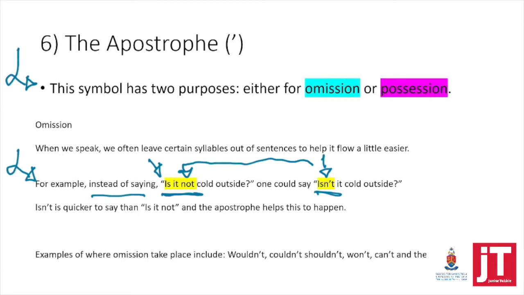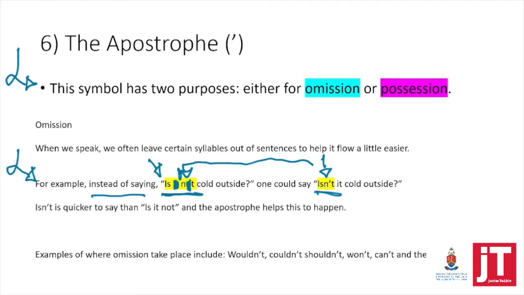Okay, so basically the purpose of an apostrophe is to make sure that certain letters are replaced, but it's not the end of the world. Here I am removing certain letters, as you can see on the slide here, okay? And then isn't with an apostrophe is now good English once again. Okay, so that is how the apostrophe can be used. I hope that you all understand that.